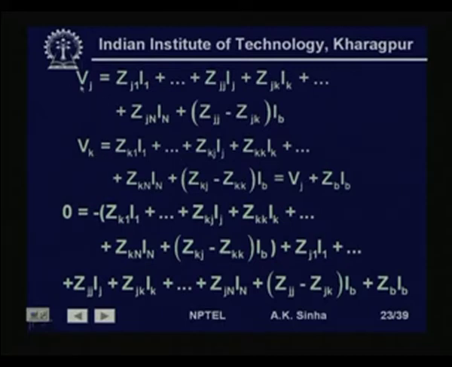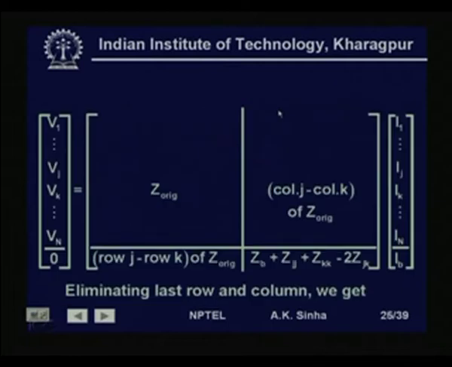For Vk, or Vi we can write, this will be ZJJ minus ZKJ. That is, what we are getting is the jth column minus the kth column, multiplied by Ib. So it is the jth column minus kth column of the original Z bus matrix, multiplied by Ib. So the n plus 1th term is jth column minus kth column of the original matrix.